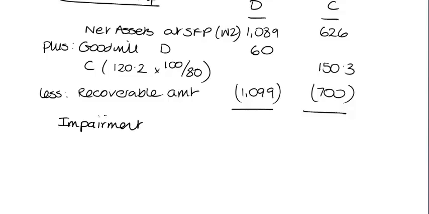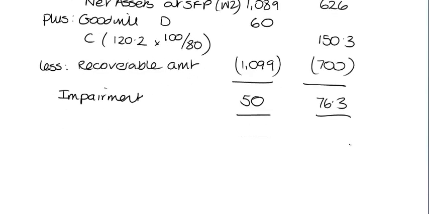Because the figures in the statement of financial position are greater than the recoverable amount, we have an impairment: 50 for Data and 76.3 for Captive. Now again, in the exam, very few students will have got this far, and it's not an issue because you've already picked up enough marks to pass the question.